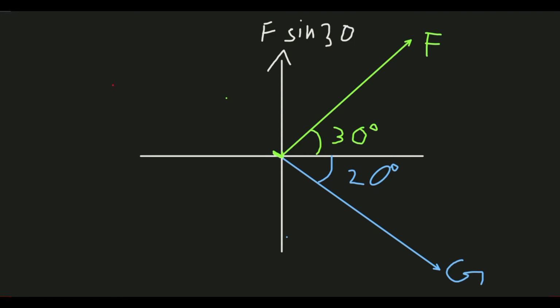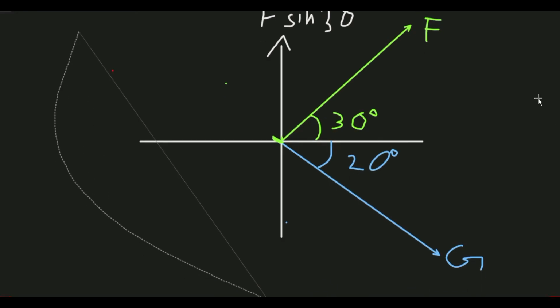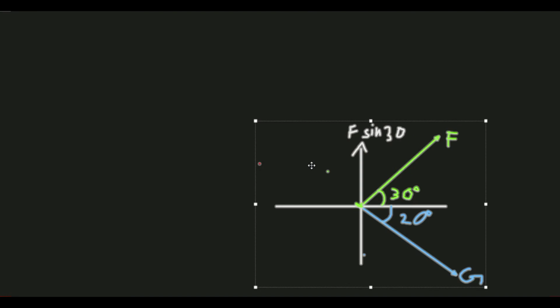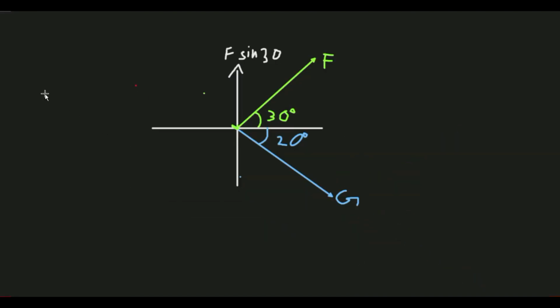Let me just make it a bit smaller so that you understand, the diagrams become huge. Yeah, this is better. So this one is F sine 30 degree, right? How about the vertical component of G? You see G is downwards, so we can say that the vertical component is negative, right? Because the force is going down.